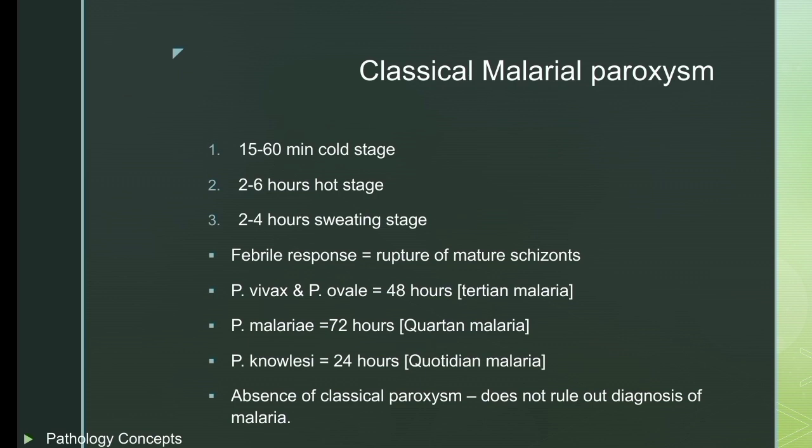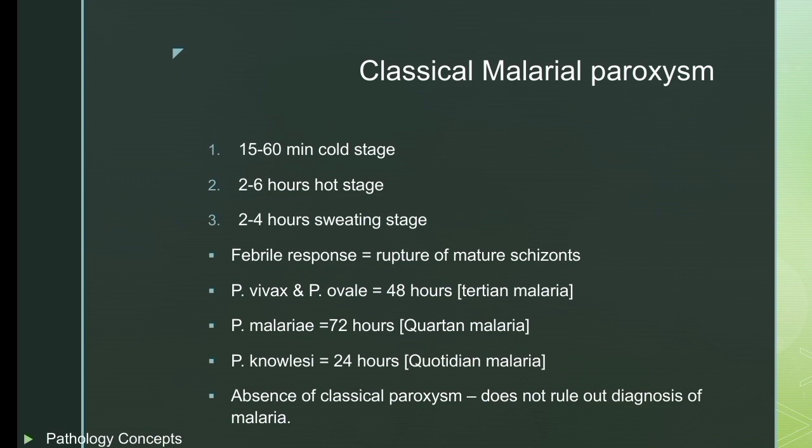A classical malarial paroxysm occurs with a bout of illness alternating with symptom-free periods. The three successive stages of paroxysm are: first, a 15 to 60 minute cold stage characterized by shivering and feeling cold.